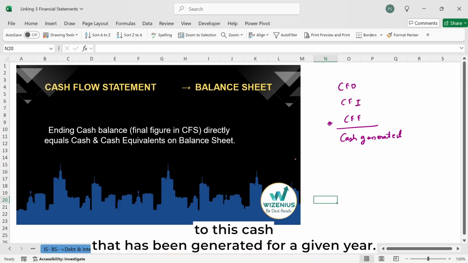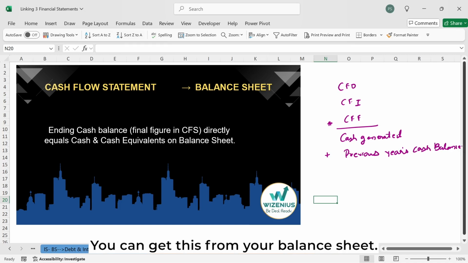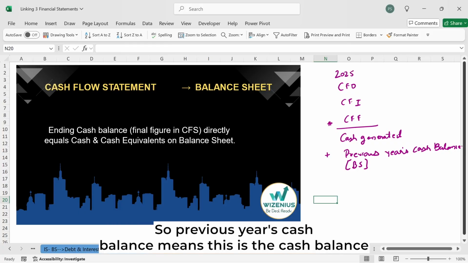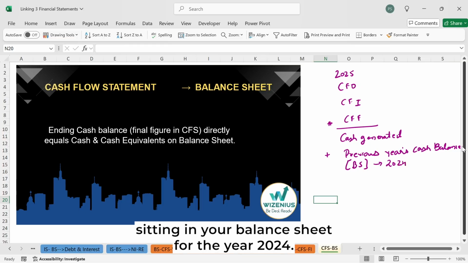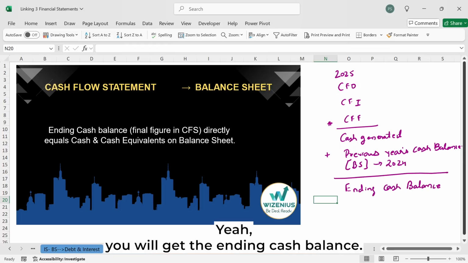To this cash generated for a given year, you add the previous year's cash balance. You can get this from your balance sheet. Let's say I'm creating the cash flow statement for the year 2025. Previous year's cash balance means the cash balance sitting in your balance sheet for the year 2024. What will you get? You will get your ending cash balance.